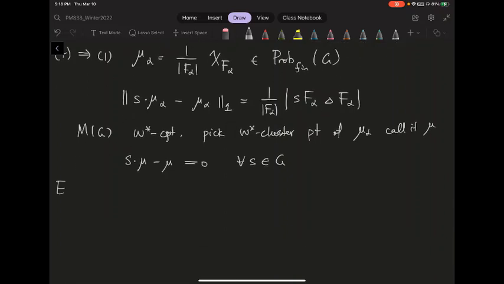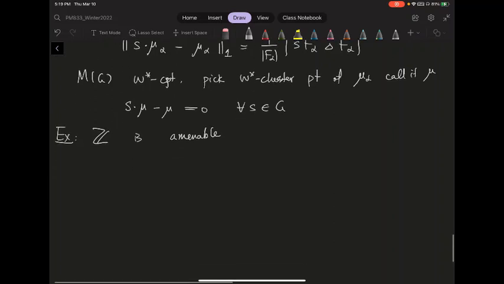So let's take a quick example. The first example you can have is that the set of integers is amenable. This is certainly not a compact group, but this one is amenable. The reason is that you can find a really nice Følner's net.